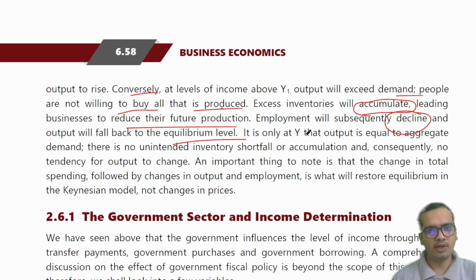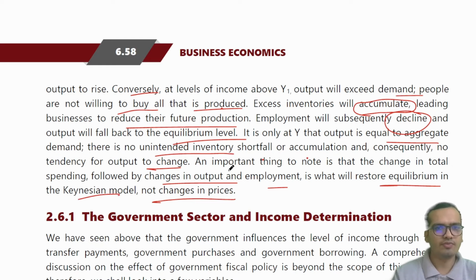It is only at Y that output equals aggregate demand. There is no unintended inventory shortfall or accumulation, and consequently no tendency for output to change. An important thing to note is that the change in total spending, followed by changes in output and employment, is what will restore equilibrium in the Keynesian model, not change in price.